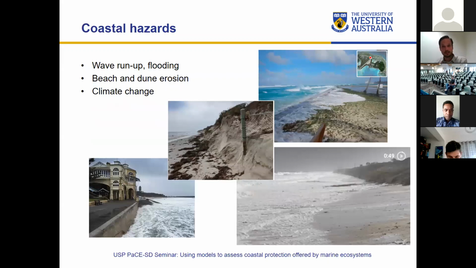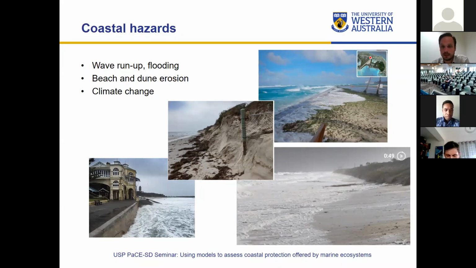So as coastal engineers, when we talk about coastal hazards, we'll typically be talking about coastal flooding. So when the water level gets too high due to the combination of tide and wind-driven surge and waves, you might end up with flooding, which is often a problem because people might have their house there, or there might be other infrastructure.